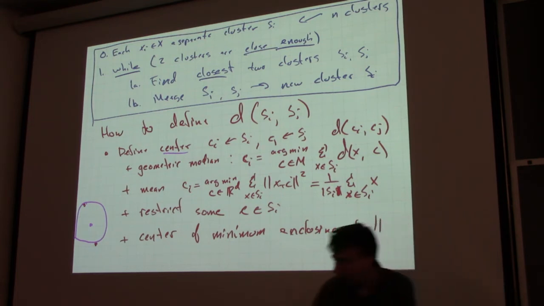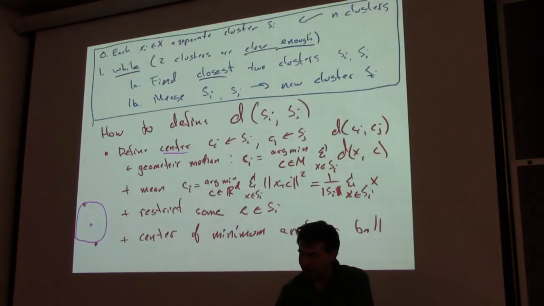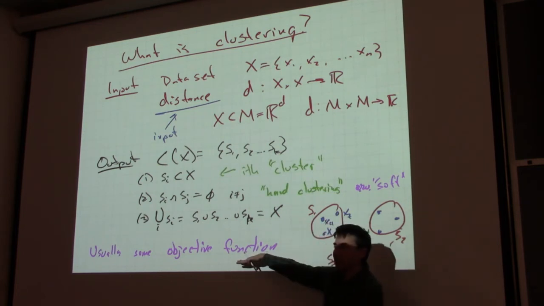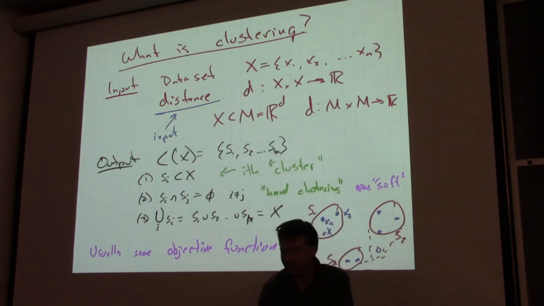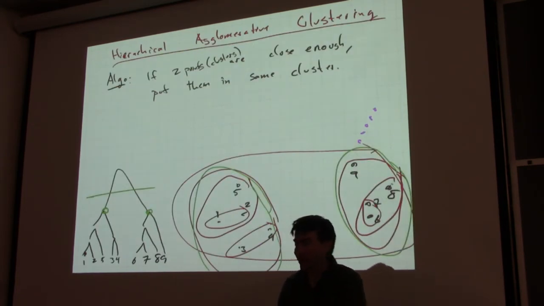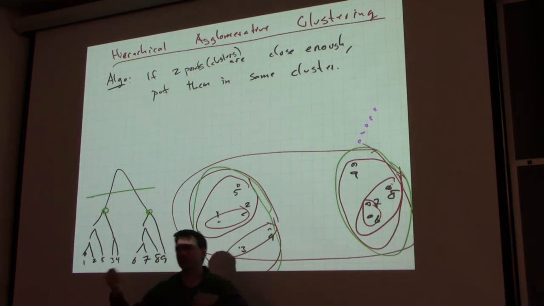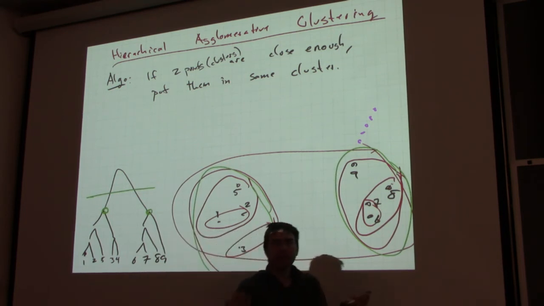Okay, so I said that there's going to be a single objective function that says how good this clustering is. This is harder to do for a hierarchical clustering, because I may have found that these two satisfy that the maximum distance between any two points inside a cluster is not too big, and maybe I can see if that's good.